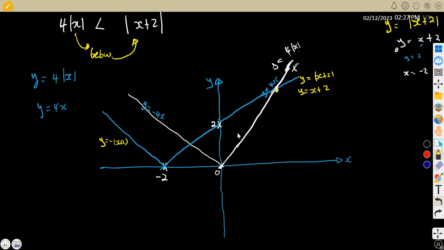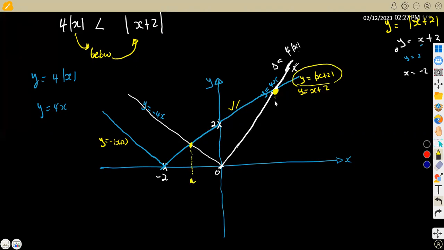We can see that up to this point, our graph is below. The graph of y is equal to the modulus of x is below this graph of y is equal to the modulus of x plus 2. It's below, so our solutions are going to be taken from this point.